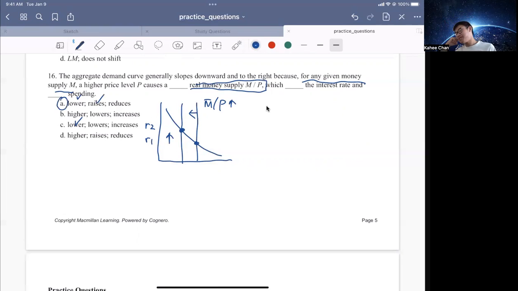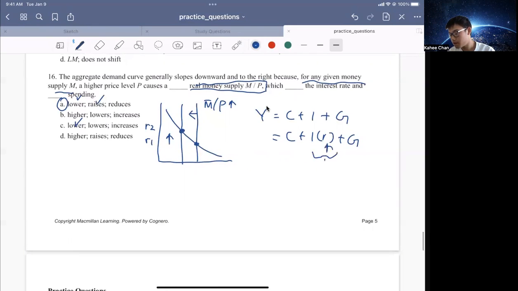Again, A is the answer. And because there's an increase in interest rate, think about Y equals C plus I plus G, and we can rewrite it as I(r) plus G. When interest rate is increasing, the whole thing is decreasing, which means Y is decreasing also. So there must be a reduction in spending.